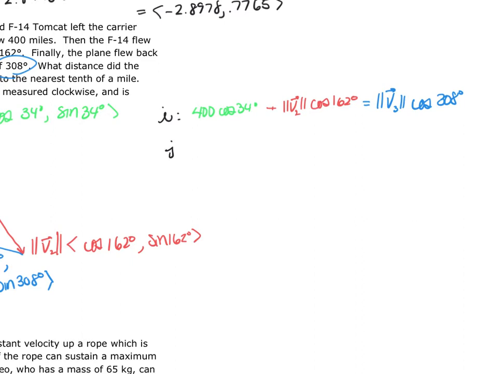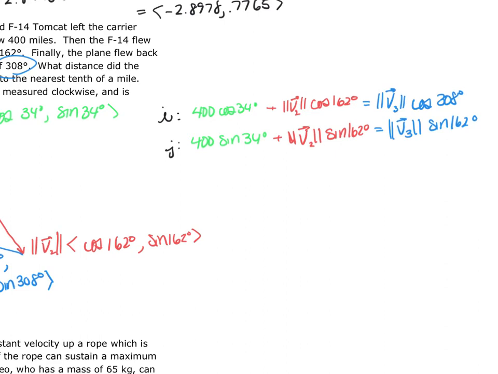And then in the J direction, we have to still have the 400, and this will be the sine of 34 degrees, plus my second magnitude, V sub 2 magnitude, the sine of 162 degrees, is equal to the magnitude of V sub 3 and the sine of 308 degrees.